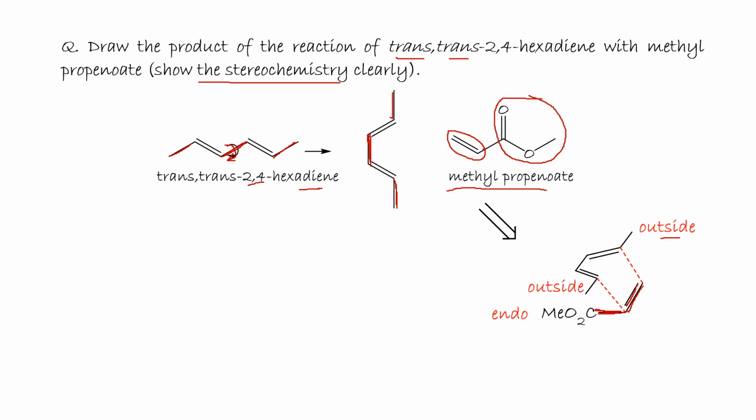Remember, the methyl groups are outside, both of them, and this is endo. So when this is outside, it means below the plane, and the endo is below the plane. So what is the product? The product will be below the plane, below the plane, below the plane. All right?